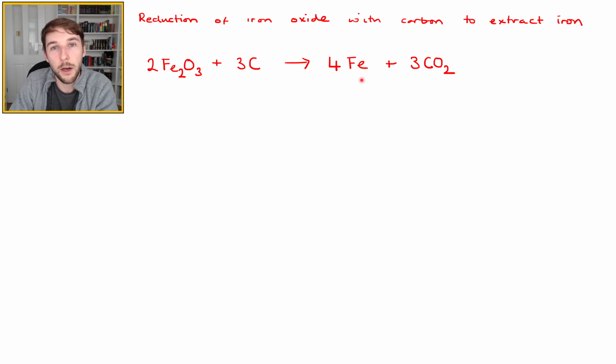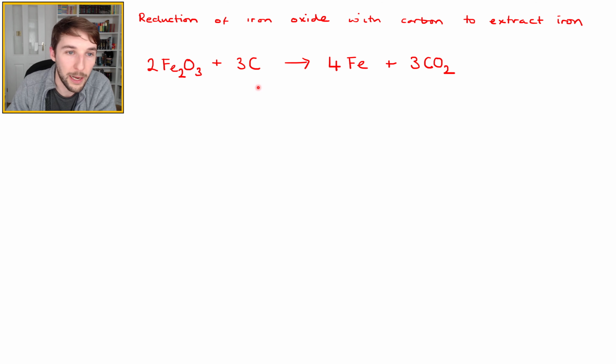Now, you're quite often asked a question on this equation, and it will be something like, if I want to make a certain mass of iron, how much iron oxide do I need to put into the blast furnace? It could be, if I have this much iron oxide, how much carbon do I need to react it with?